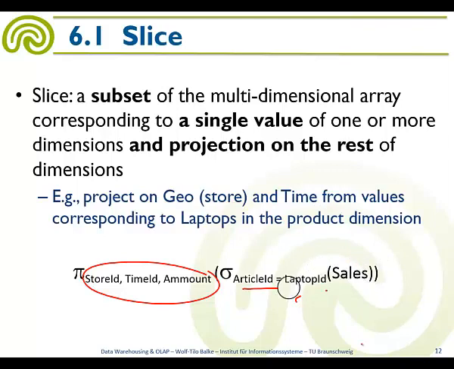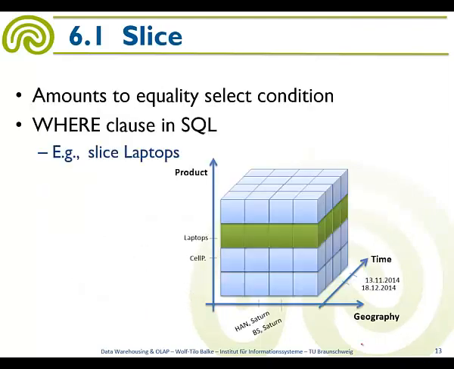To show you how it works on the cube, and since my 3D painting is not too good, this is what it actually does. So I fix a value, laptops here, by some selection, right? And then I project the data with respect to that selection, right?